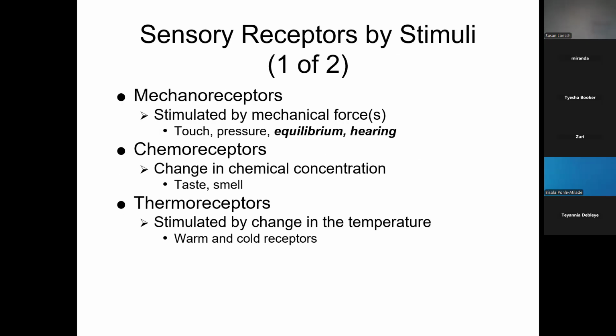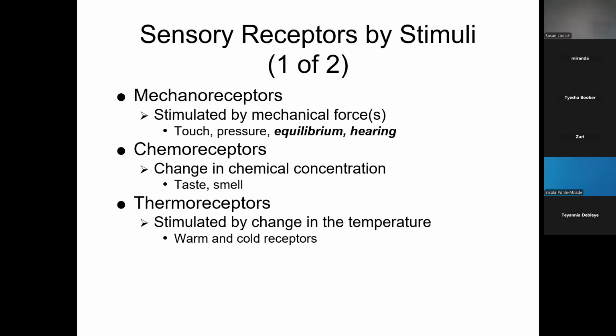Then you have mechanoreceptors. These are stimulated by mechanical force: touch, pressure, equilibrium, and hearing. So they're classified by their stimuli. Your chemoreceptors are activated by change in chemical concentration, like taste or smell.